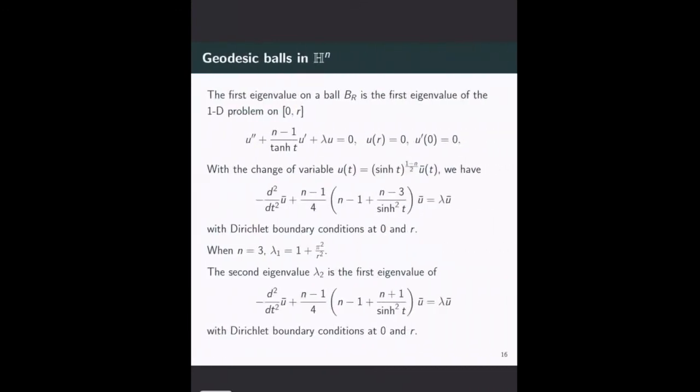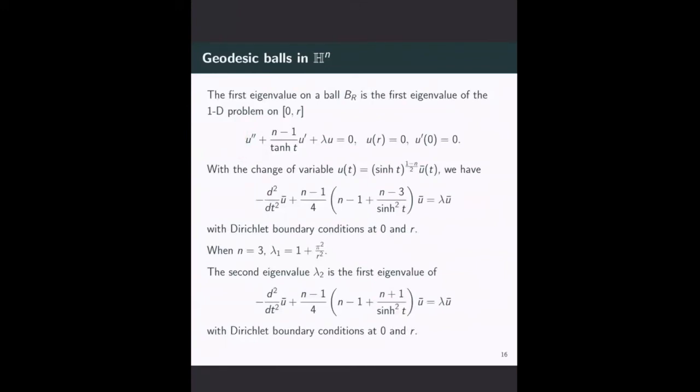So how does the proof go? Let me go over this a little quickly. So first, we have this ODE. And in H^n, as in S^n or R^n, if you're doing balls, you can separate variables. And you think of it as the radial function will satisfy this ODE.